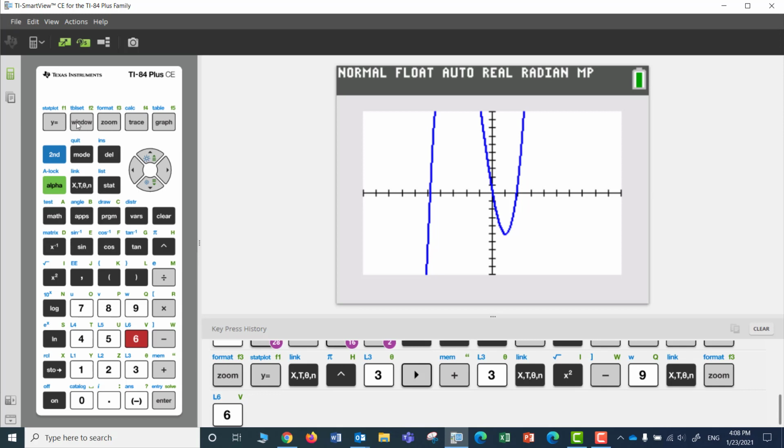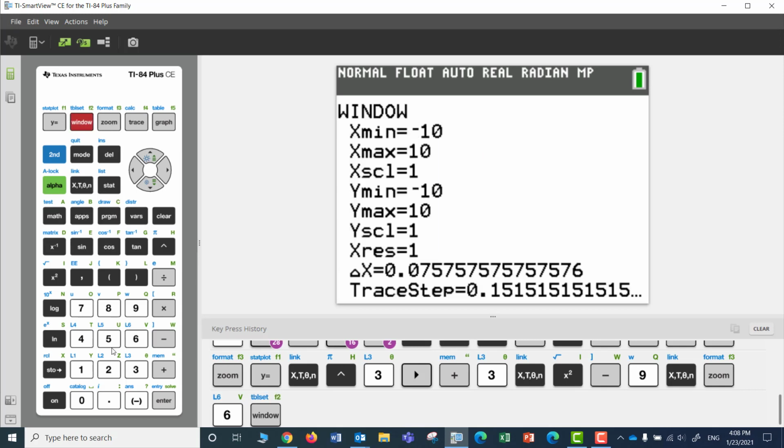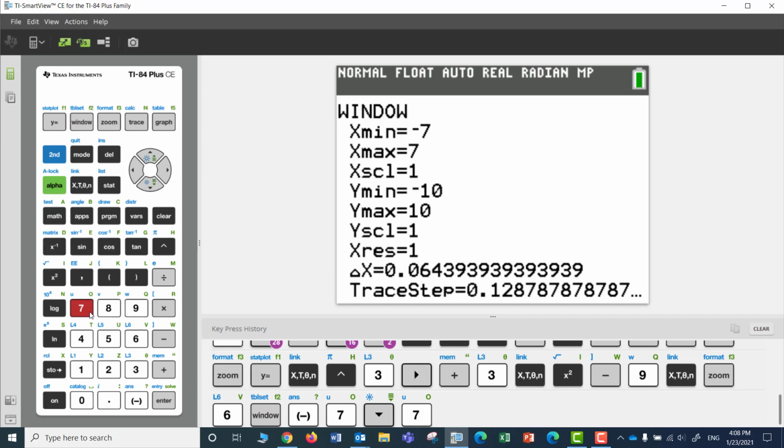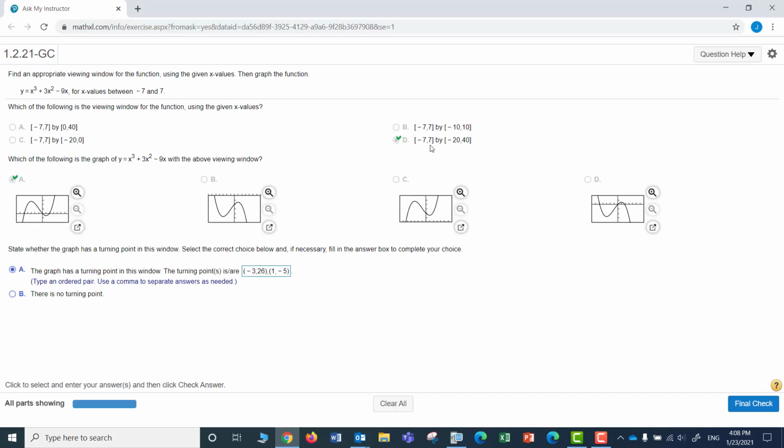So you can push the Window button, and here you modify Xmin to be -7. Xmax is 7, because here you can see the first interval is -7 to 7. That's for the x coordinates, the limit of the x-axis.